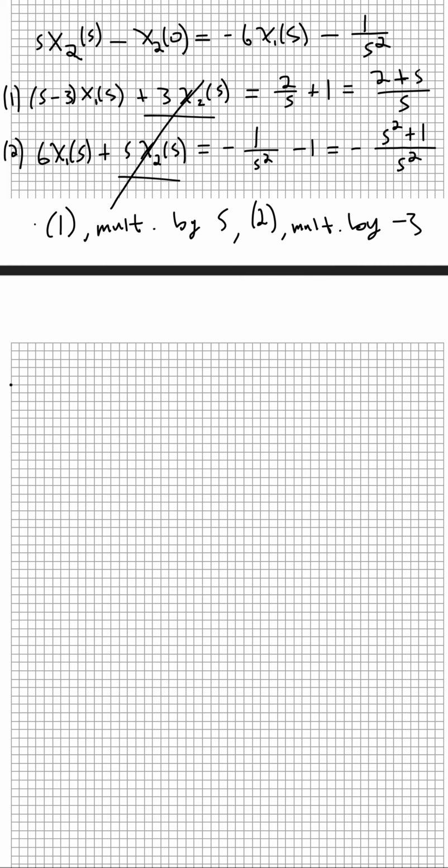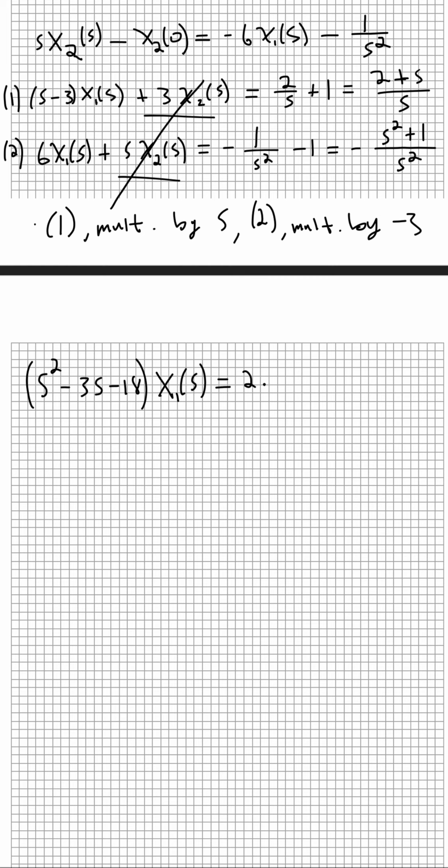And what you guys should end up getting, and you can check this yourself so you can follow along, but the final answer we will get is s squared minus 3 times s minus 18, okay, times x1 of s, and it's all going to be in terms of x1 since the x2 term cancels out from our little manipulation.